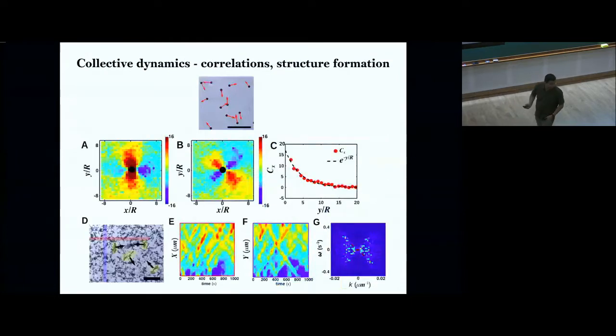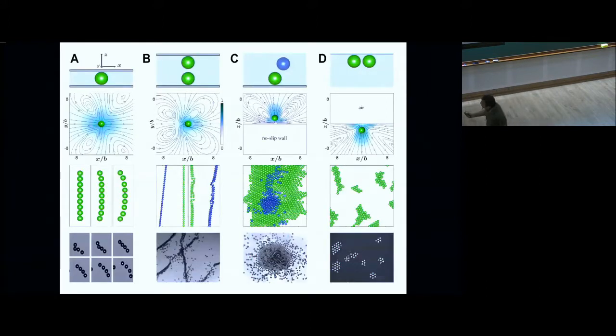Okay. Very quickly, we also then look at the collective dynamics of bunches of these particles. In the interest of time, I'm going to skip that, but very quickly summarize for you what happens to the dynamics in a variety of geometries and confinement, right?